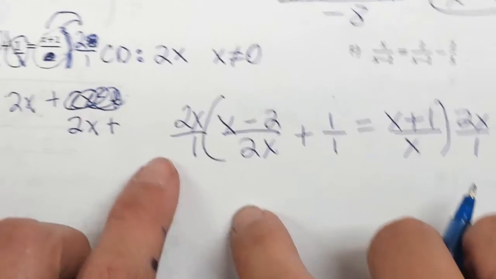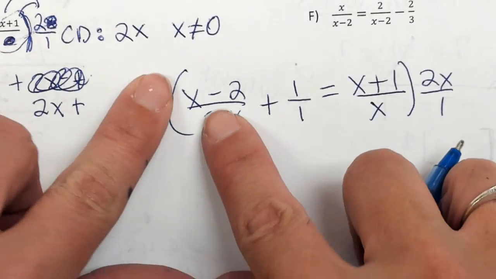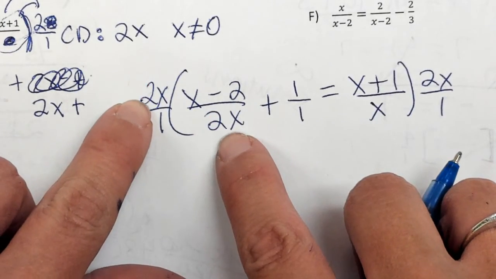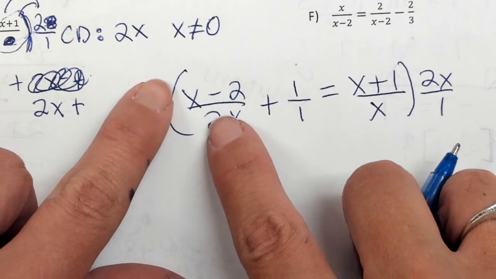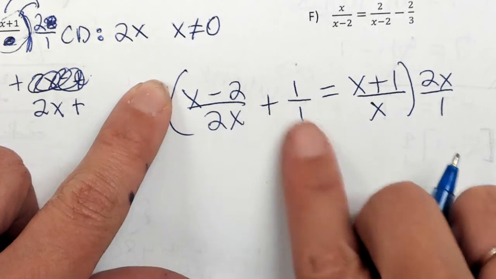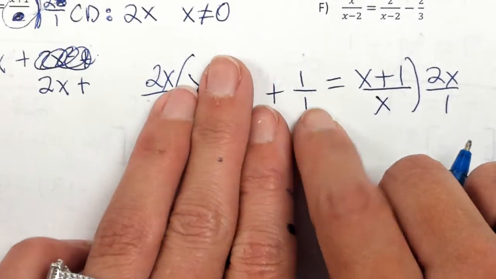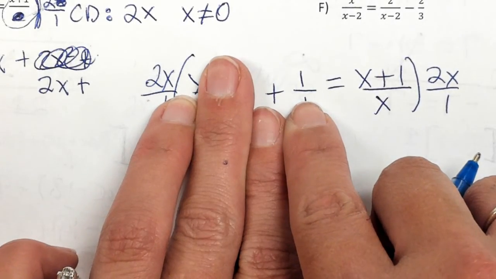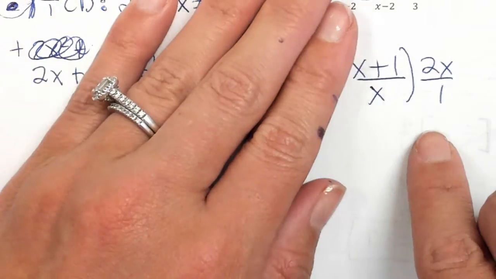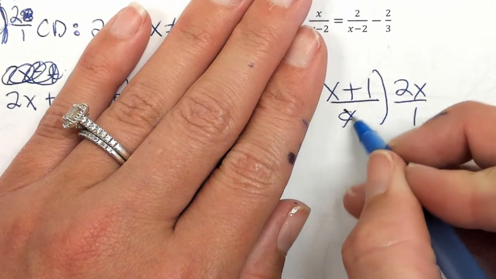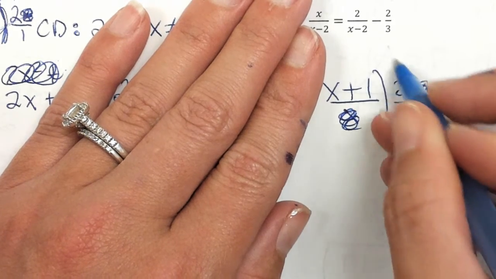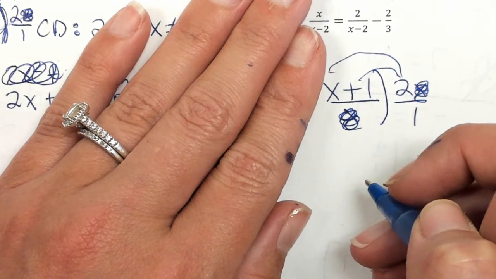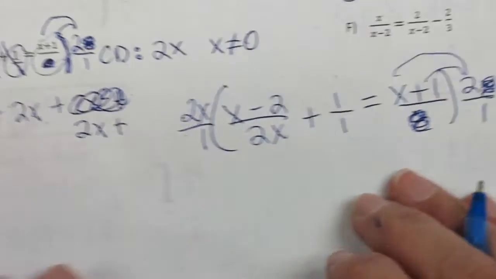Does everybody see with these two terms, the 2x's would cancel out? 2x divided by 2x is what? Darren? 1. Good. So these would cancel out. This one, nothing would cancel out, but what's 2x times 1? Just itself. This one, the x's this way can cancel out, right? So now I just have 2 times these terms, and I just distribute and make 2x plus 2. Does everybody see that? Okay.